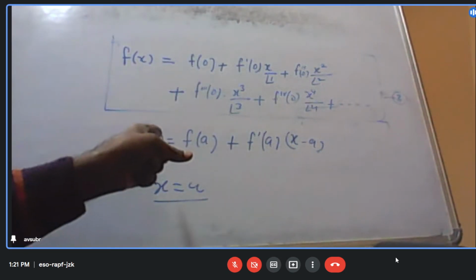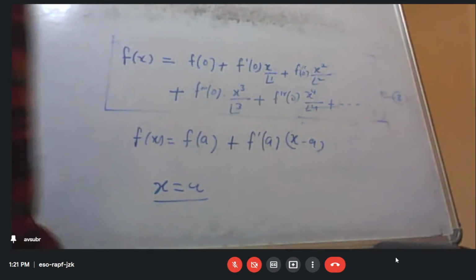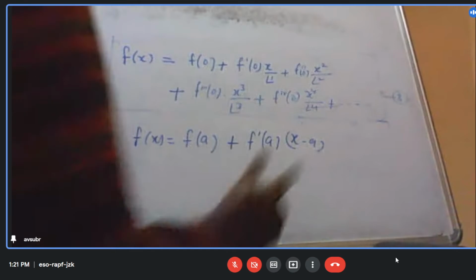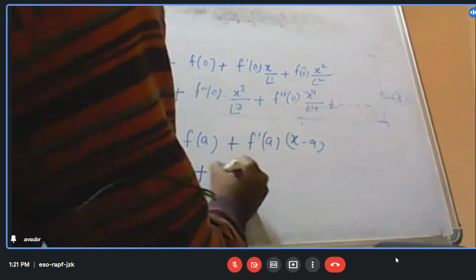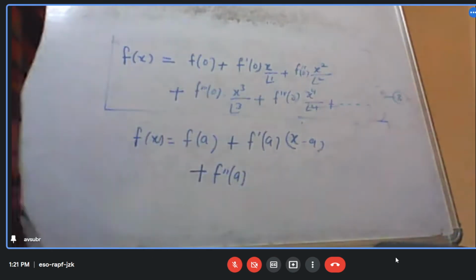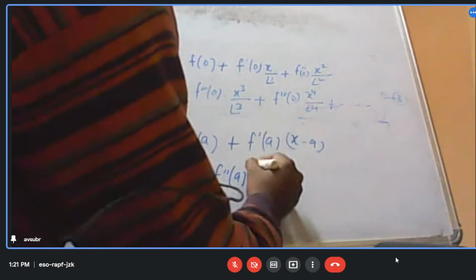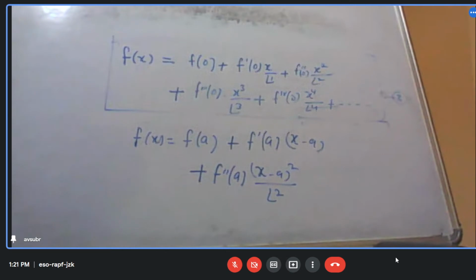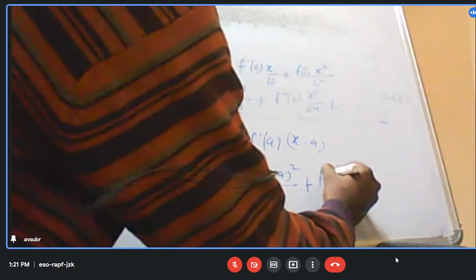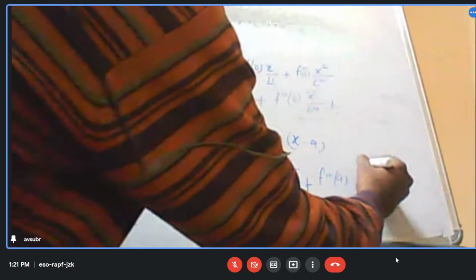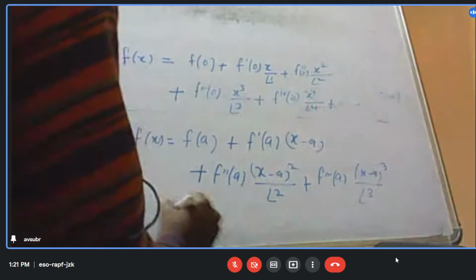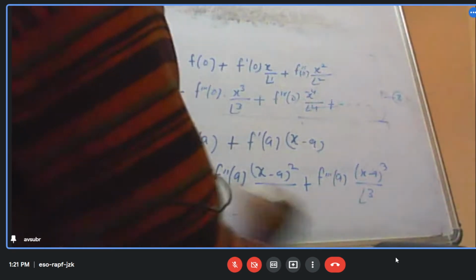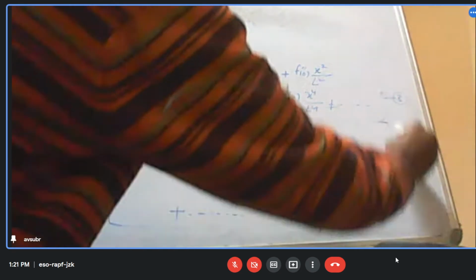I think it is clear. So this is what we will get. So plus f double prime at x equal to a, x minus a whole square by factorial 2, plus f triple prime at x equal to a, x minus a to the power cube by factorial 3, and so on and so forth. Let us say this is equation number 4.